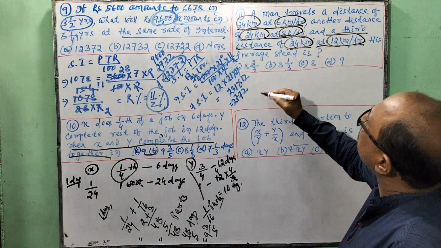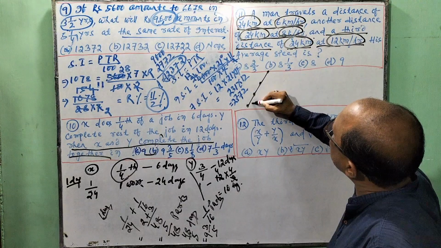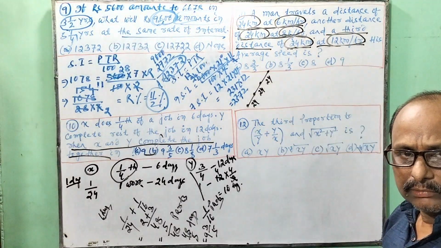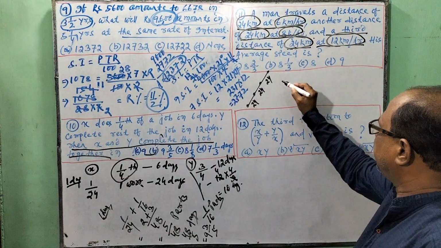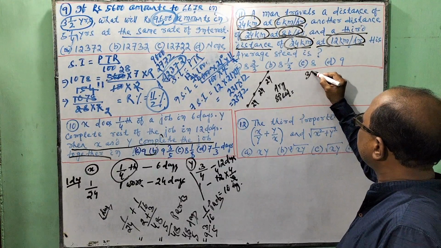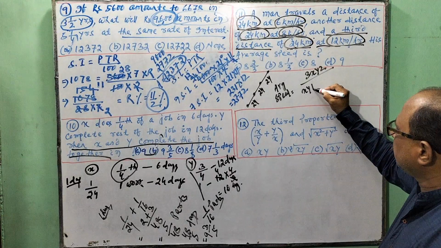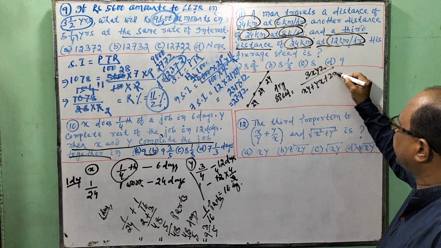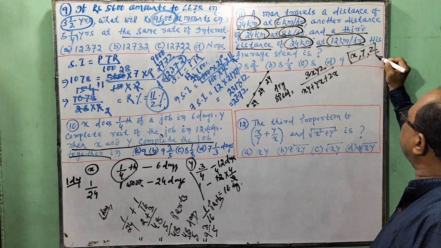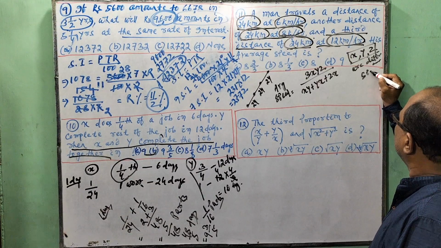If 3 equal distances, suppose 24 kilometer each, are covered, then the average speed is 3xyz divided by xy plus yz plus zx, where x, y, z are the different speeds.